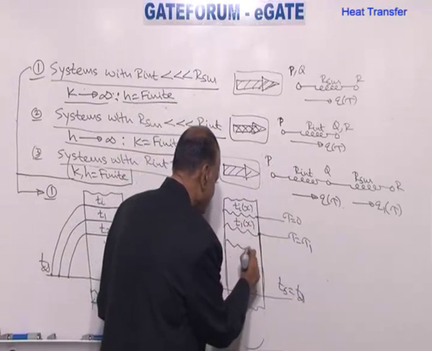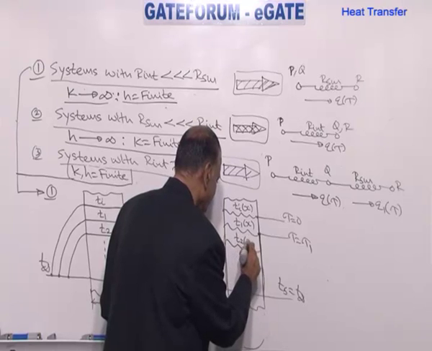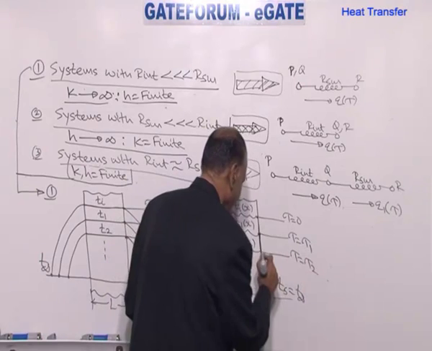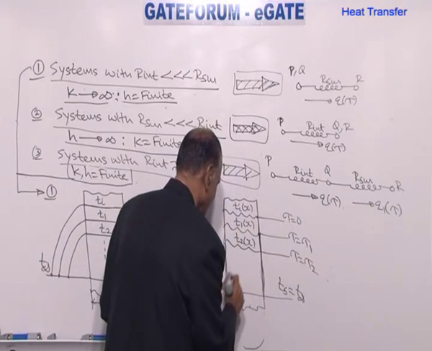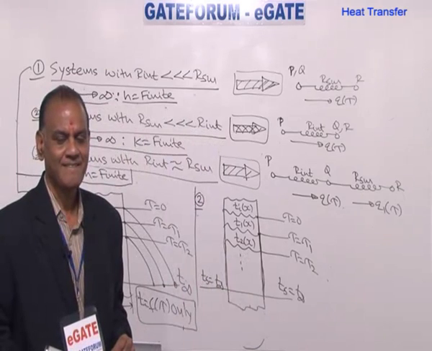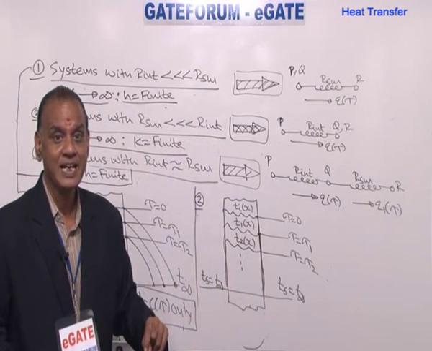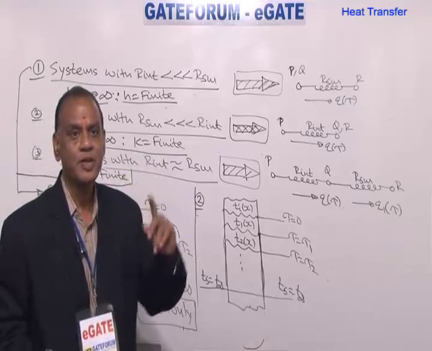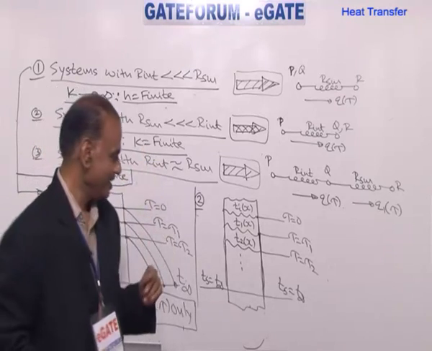If you look at some other instant, temperature may assume some other function T2(x) inside. But when you go to the surface, it's the same as the outside temperature and so on. Temperature is varying inside because of finite value of K. It's not varying on the surface because of infinite value of H.